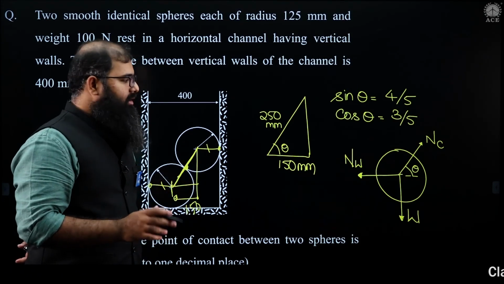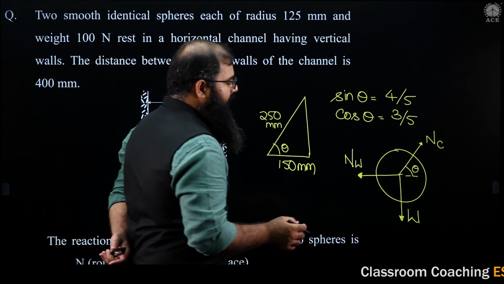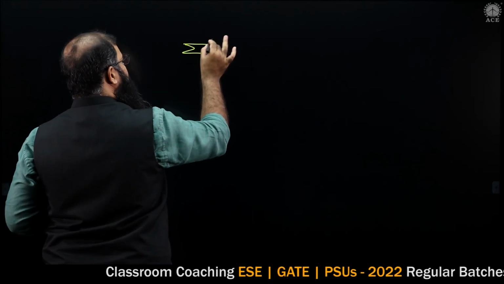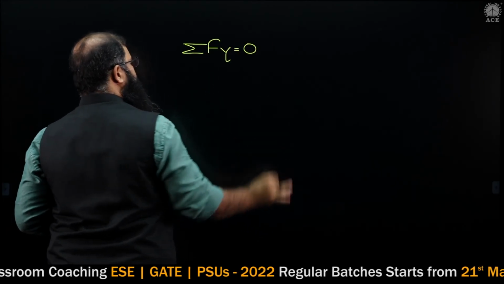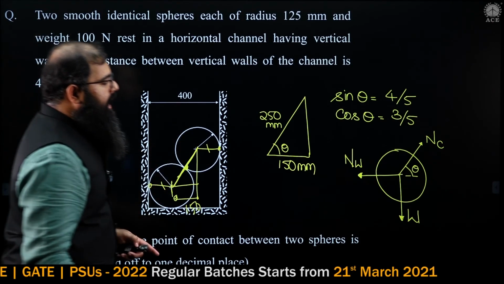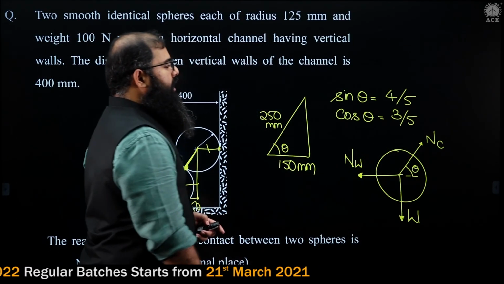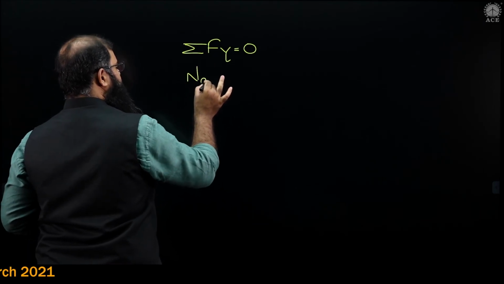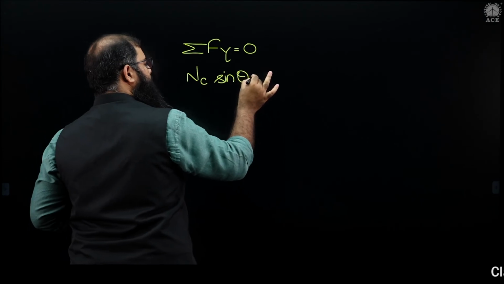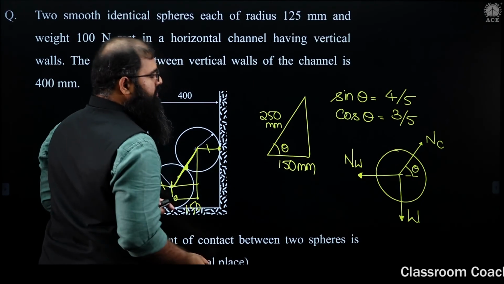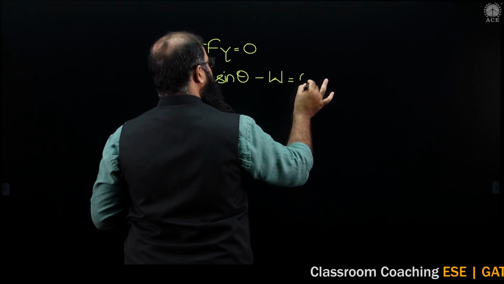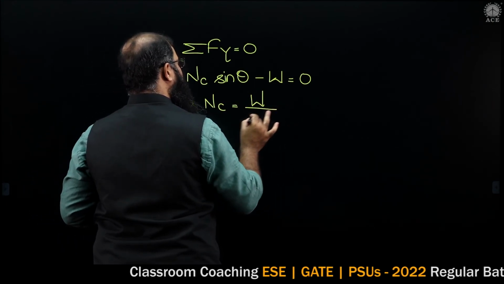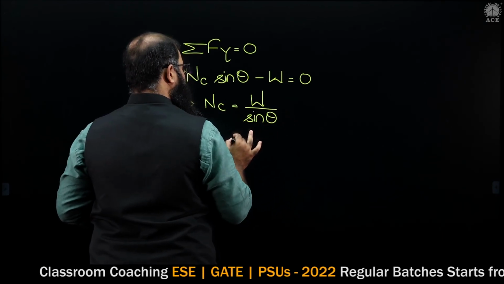So what have I got? If I write sigma Fy equal to 0, I have the component of NC in the vertical, that is equal to NC sine theta, minus W is equal to 0, which implies the value of NC is equal to W upon sine theta.